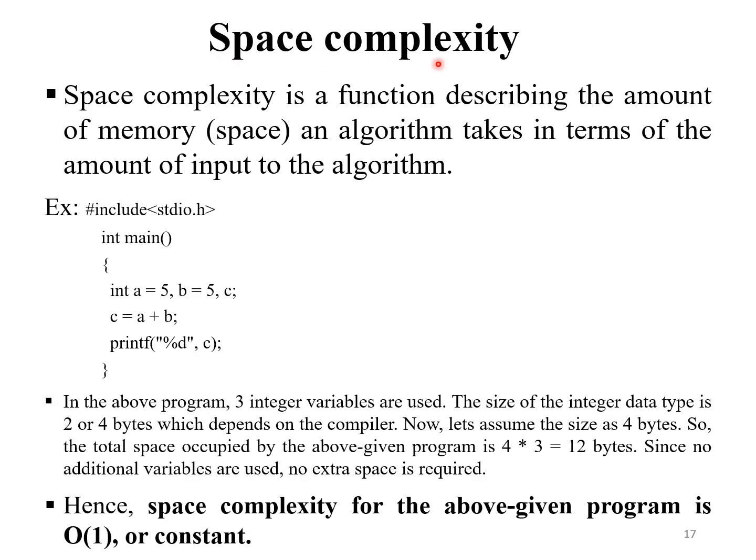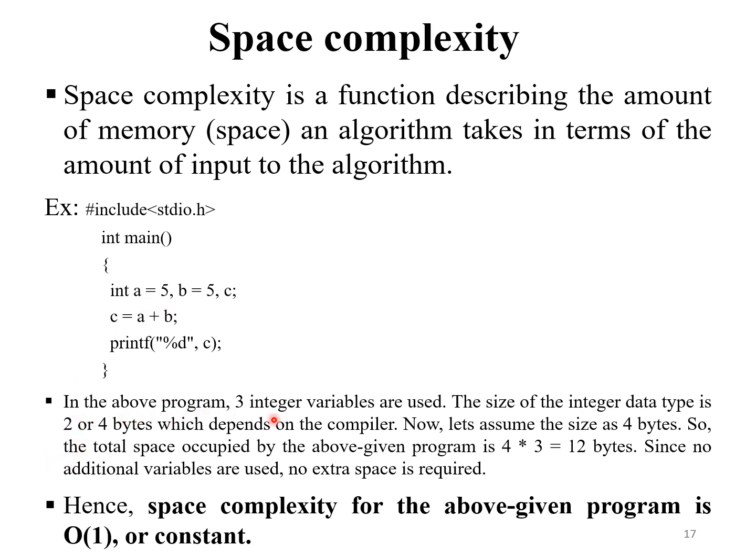Next is space complexity. Space complexity is a function describing the amount of memory an algorithm takes in terms of the amount of input to the algorithm. In short, the amount of space required to run the algorithm. See here the example, int a is equal to 5, b is equal to 5 and c. So here are three variables.